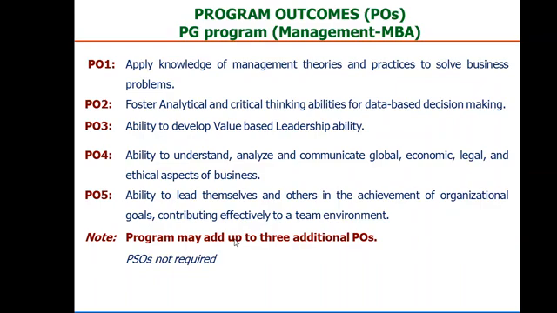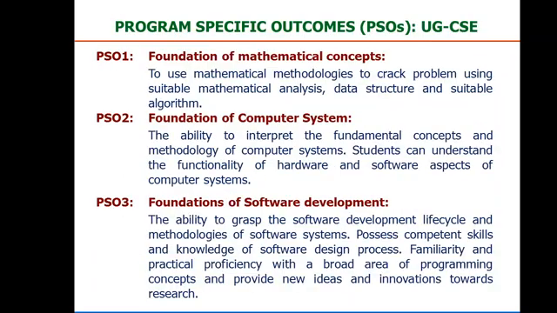PO5, ability to lead themselves and others in the achievement of organizational goals, contributing effectively to a team environment. Here, the MBA program may add up to 3 additional POs. PSOs are not required here. Then coming to program specific outcomes.